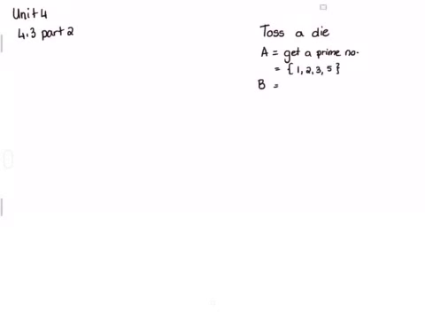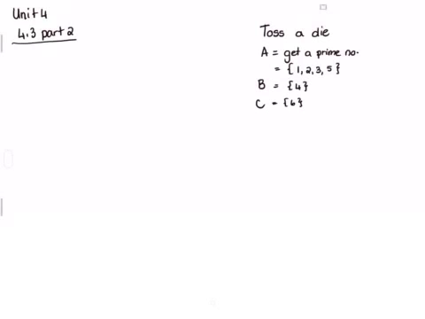Event B is get a 4, and event C is get a 6. So can you see that event A and B and C, if we throw them all together, we've got all the possibilities.